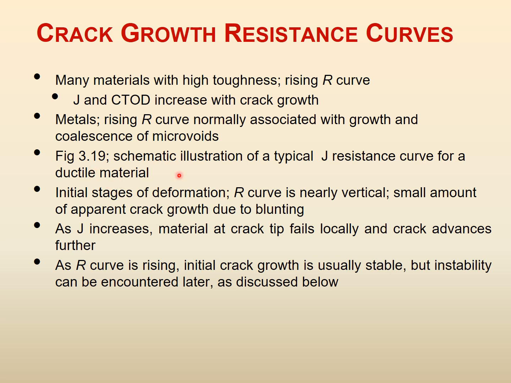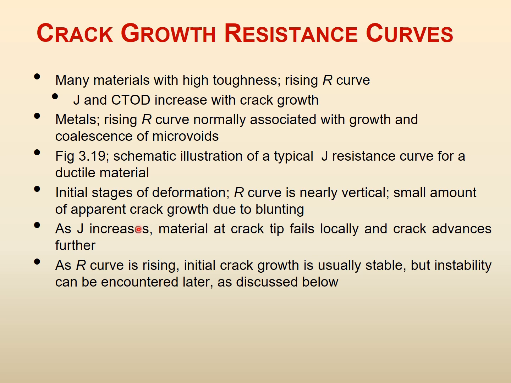The figure on the next page is a schematic illustration of a typical J resistance curve for a ductile material. There would be a G resistance curve when LEFM applies, and a J resistance curve when the material is EPFM. We will see on that graph that in the initial stages of deformation the R curve is nearly vertical, with a small amount of apparent crack growth due to blunting in the beginning.